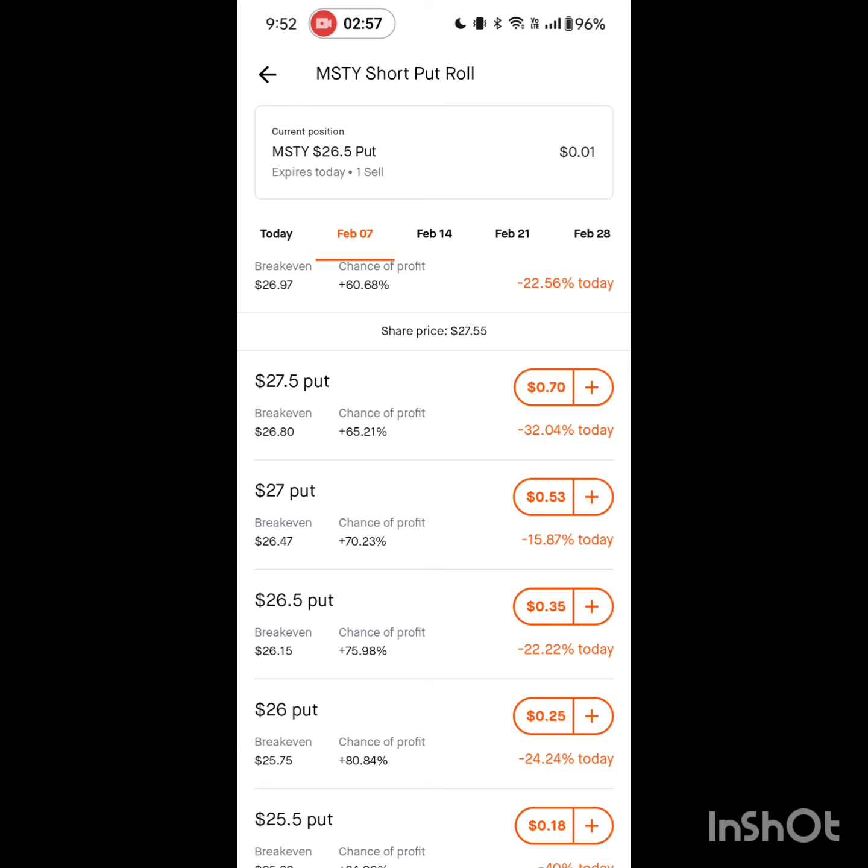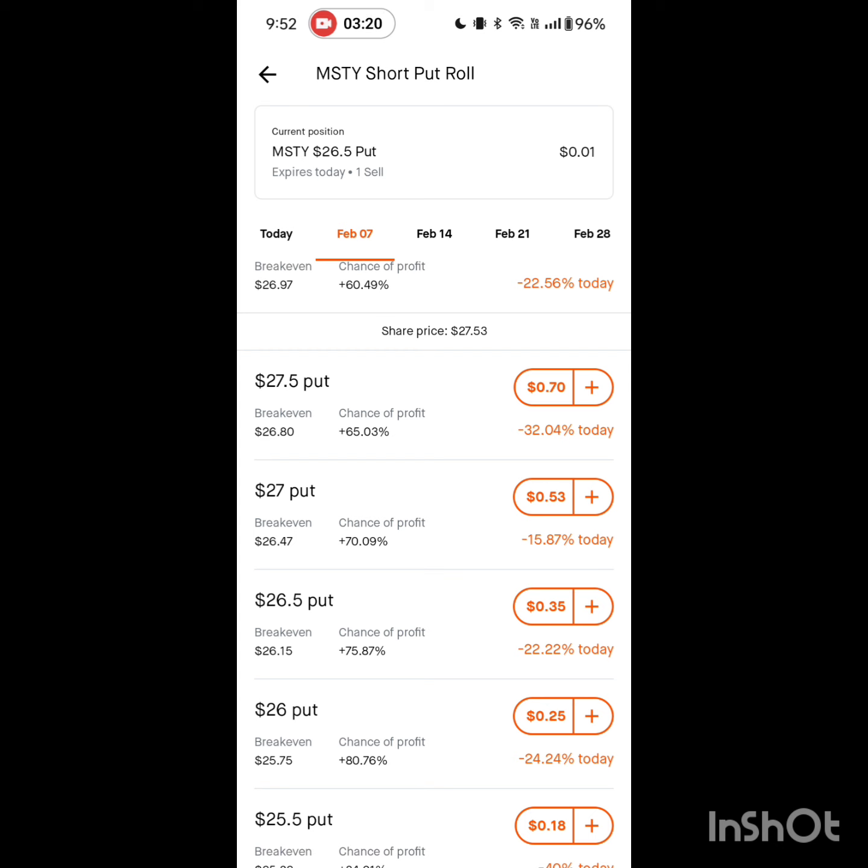Why? Because I am in the money and that contract has a value. Right now, since I'm out of the money and it expires today, this is barely worth $1 or a few dollars. So I can either roll the position or I can close it for that.